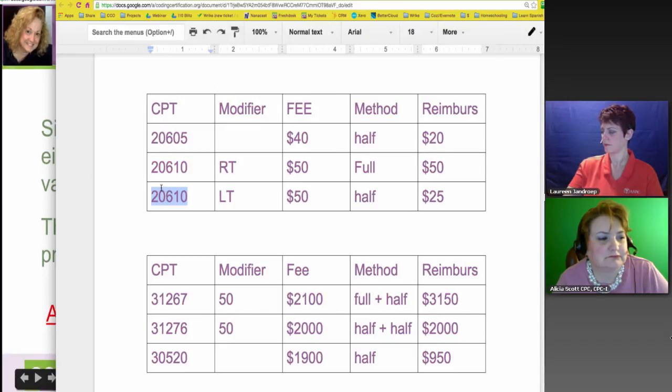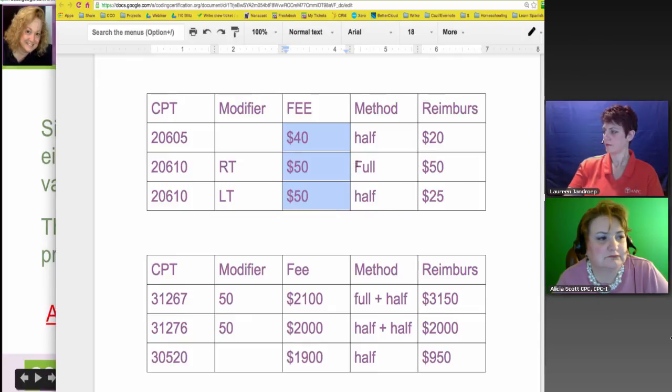So $40, $50, $50 for single line. One of those 20610s is going to get paid at 100%. Following multiple surgery payment rules, the other procedure is going to get paid at half, and then the next procedure is going to get paid at half.